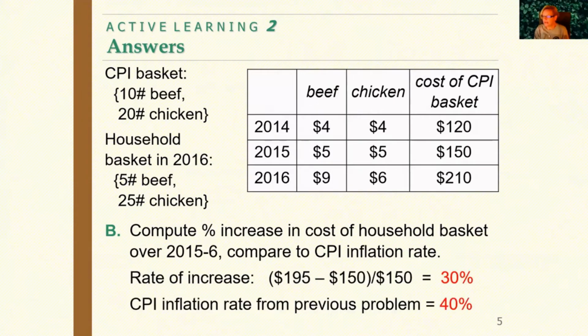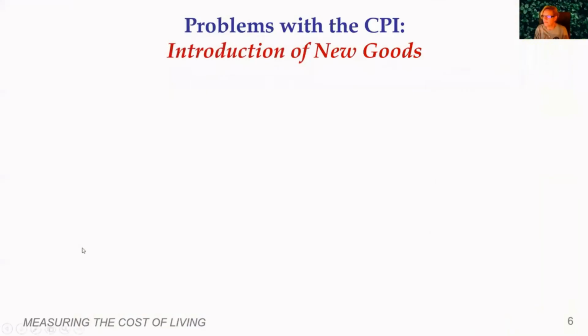The consumer price index from the previous problem was 40%. So remember that we're relying on the consumer price index. One of the problems because of the substitution bias is the CPI tends to overstate the rate of inflation because it doesn't account for the fact that people will trade more expensive goods for cheaper ones.